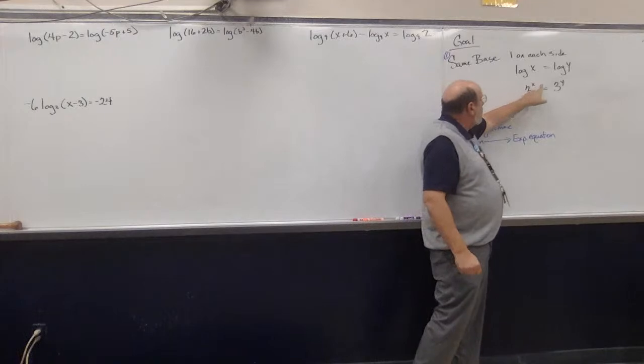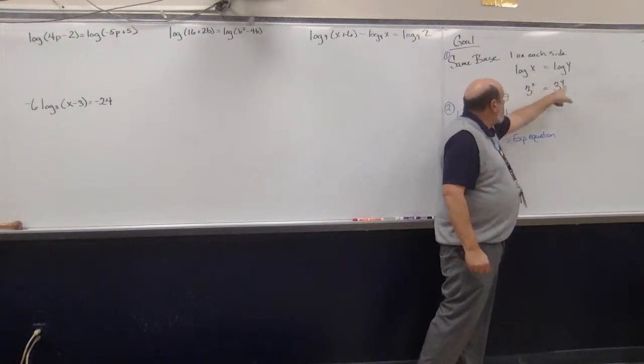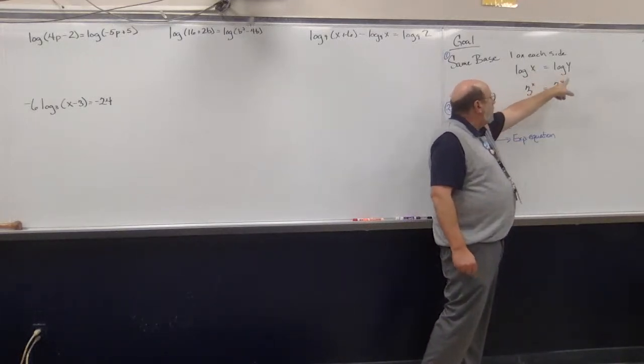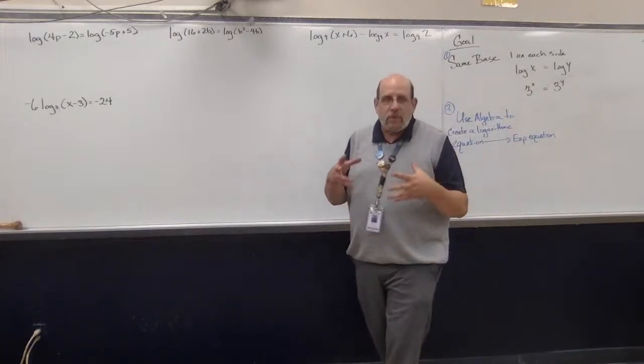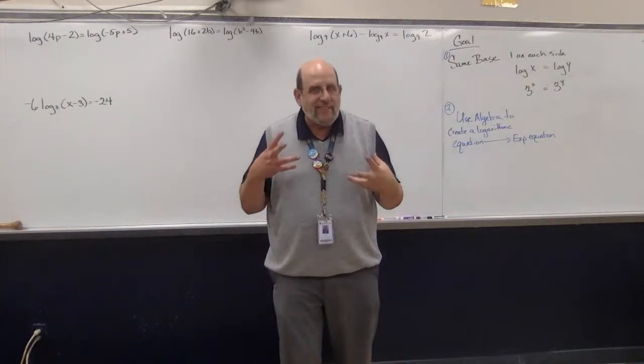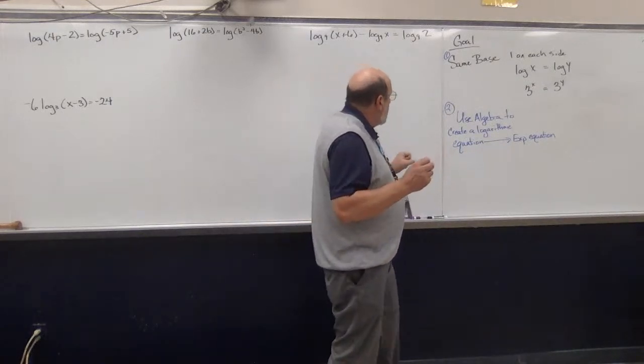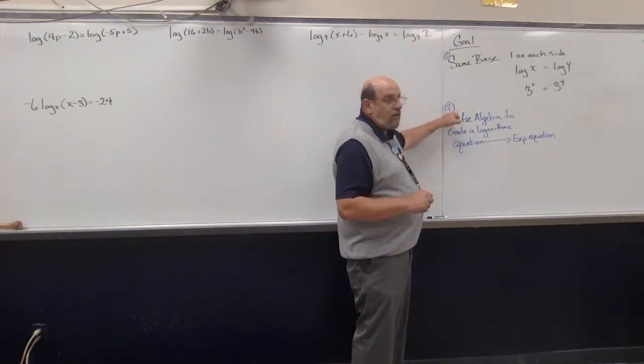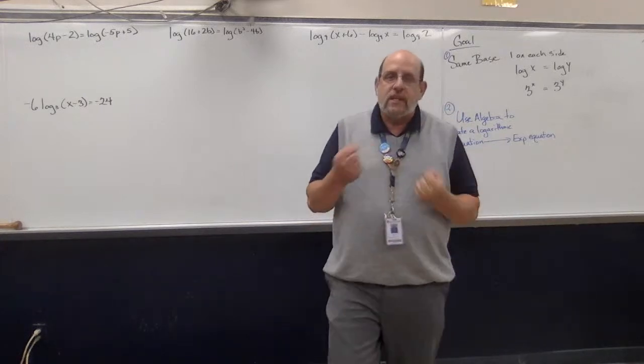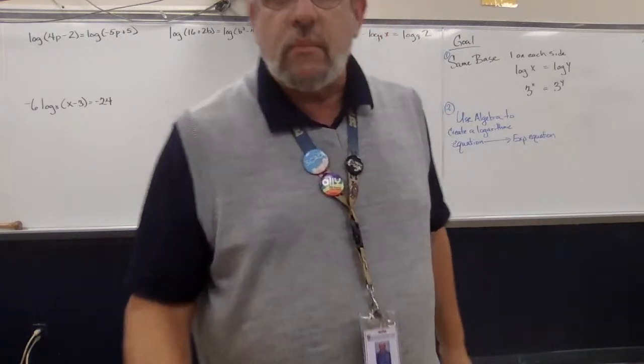That way we can just set either the powers equal to each other or the arguments equal to each other. And we're going to use algebra to get ourselves there. I'm going to show you what that means.